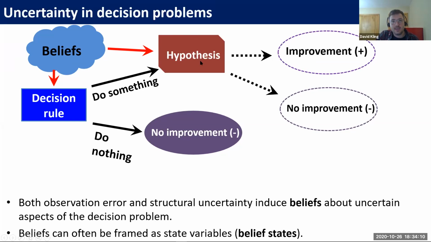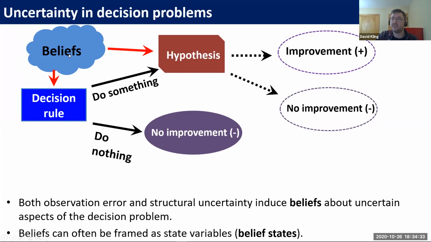So you can maintain a belief about which model you're trying to distinguish within this hypothesis box is most likely. Maybe you start out thinking they're equally likely, and over time, through observing improvement versus no improvement with different actions, you refine your beliefs.